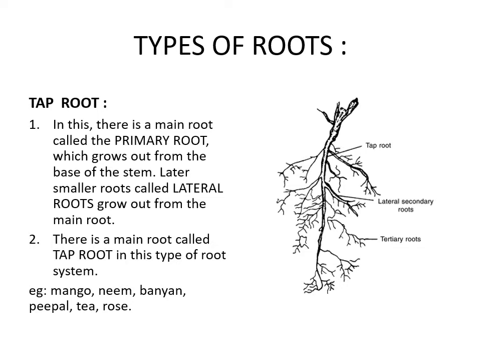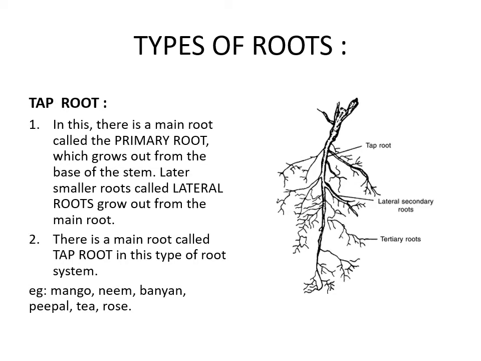Now we come to the types of roots. There are two types of roots, taproot and fibrous roots. In the taproot, there is a main root called the primary root, which grows out from the base of the stem.